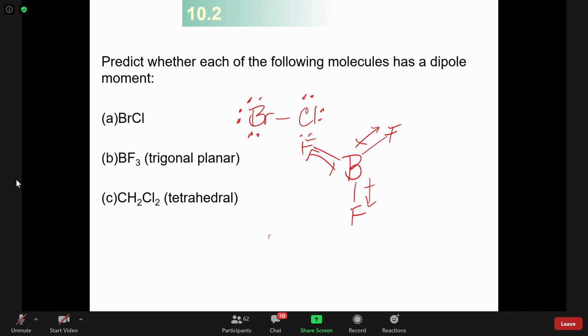Now this one gets trickier. Let's draw a Lewis structure for this.